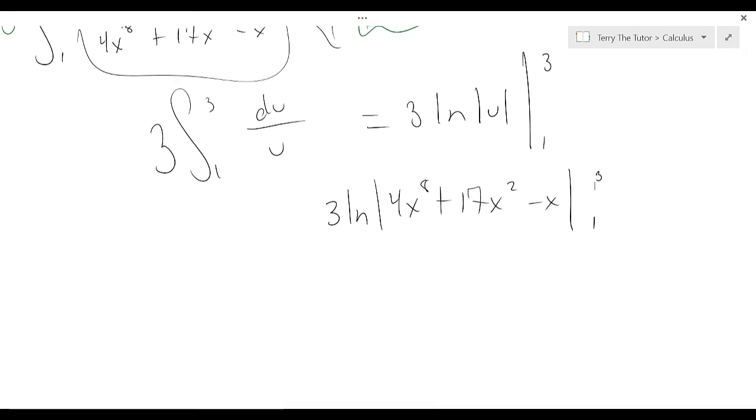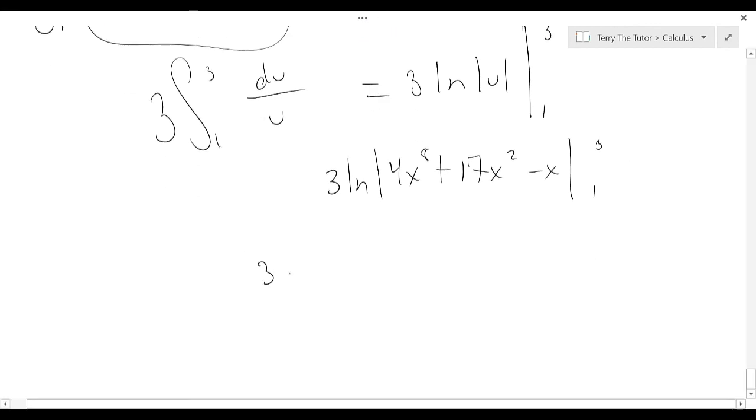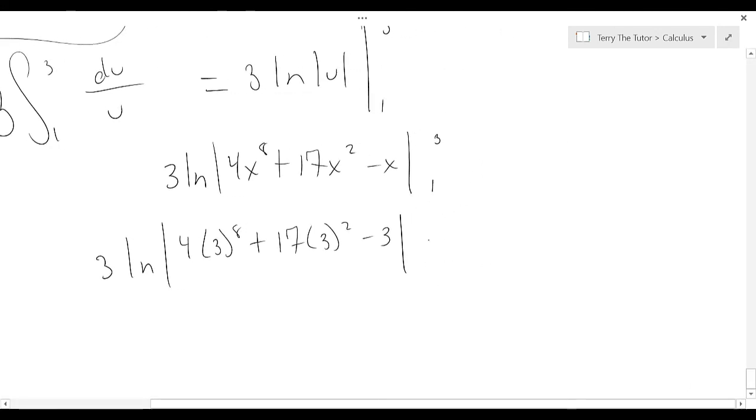And let's go ahead and plug in our numbers. We've got 3 ln of 4 times 3 to the 8th plus 17 times 3 squared minus 3, minus 3 ln absolute value of 4 times 1 to the 8th, which is 1, plus 17 times 1 squared, which is 17, minus 1.